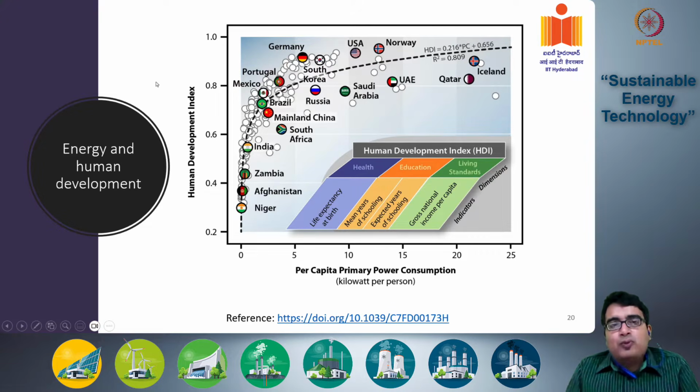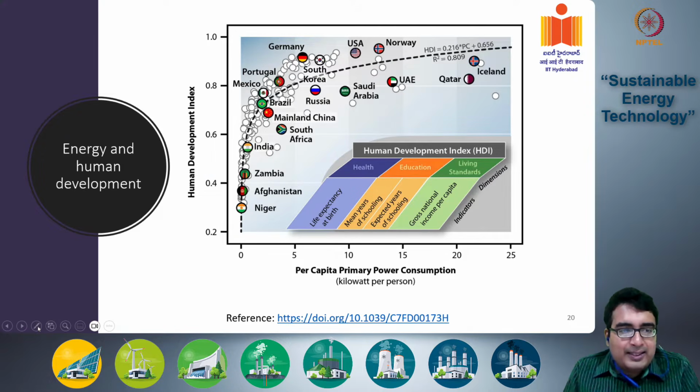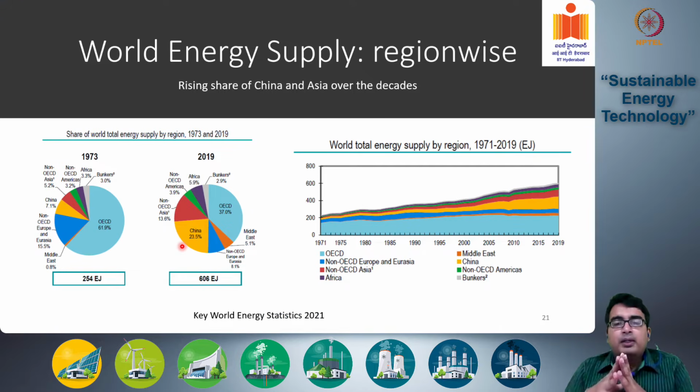In the previous class, we were discussing the Human Development Index. So we will continue from the next section here. In this slide, taken from an important document called Key World Energy Statistics by the International Energy Agency, IEA, just a brief overview of IEA: it collects data on energy use and creates a report giving a lot of details about energy statistics globally every year.